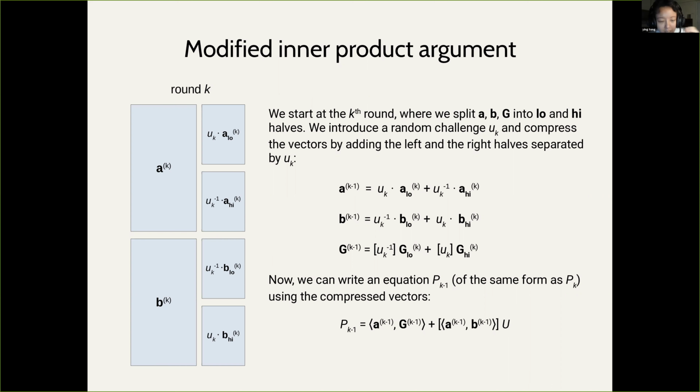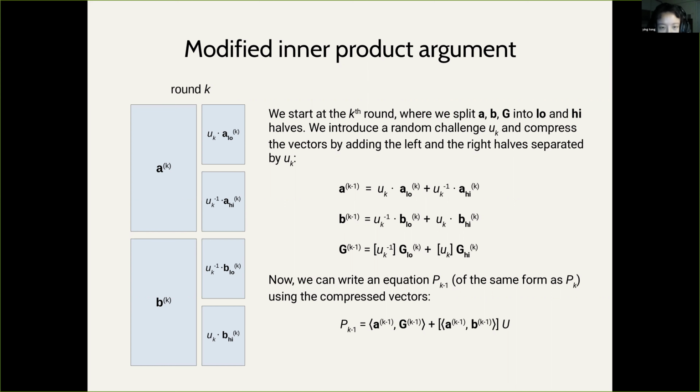And we basically multiply the halves by different powers of UK in order to keep the halves linearly independent. So the effect of this is we're left with compressed versions of our vectors, of half the length. If you look at AK minus 1, it has length n over 2 right now because it's the sum of A low times UK plus A high times UK inverse, right?